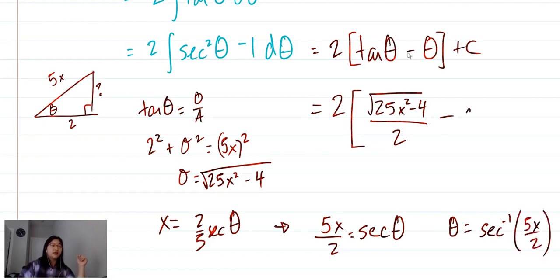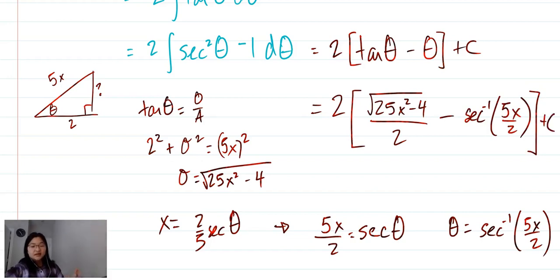So we get arcsecant of 5x over 2, and then plus c. Yeah, there you go. You could make this into an arc cosine of 2 over 5x. That's allowed. You can also clean up the algebra a little bit, but there we go. We got one. It's pretty cool.